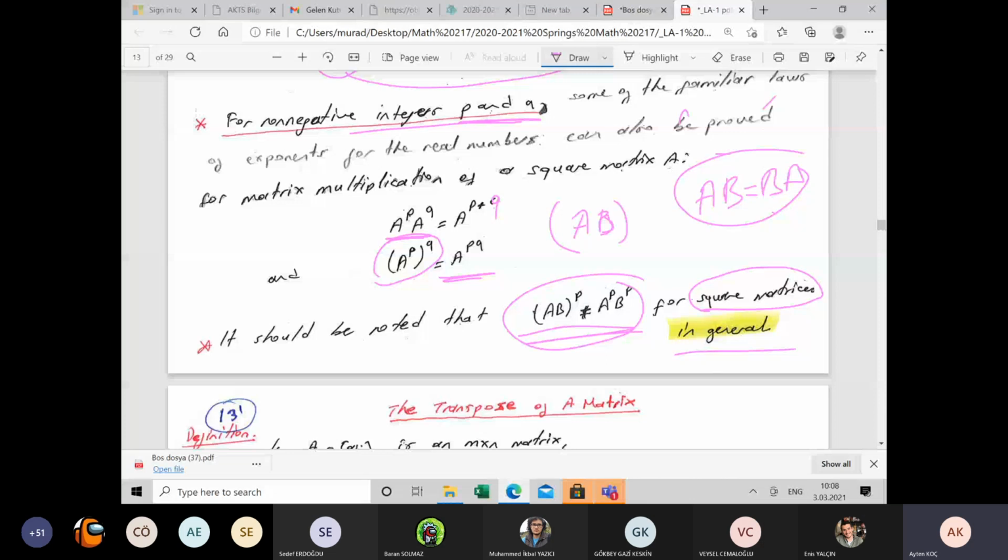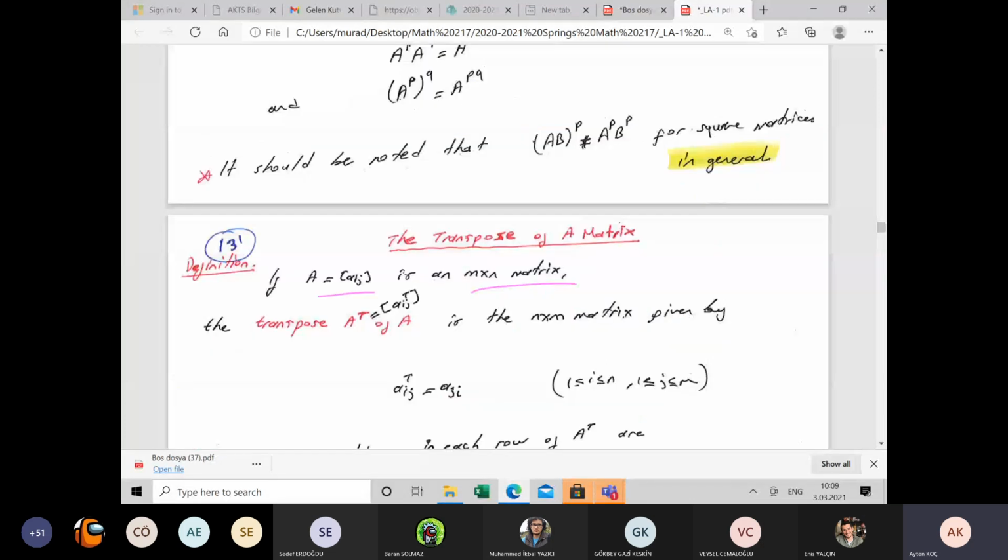Now let's define the transpose of any matrix. Take any matrix, for example an n by n matrix A. Let's define the transpose. What is the transpose?